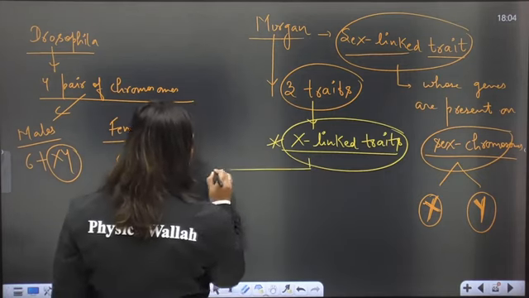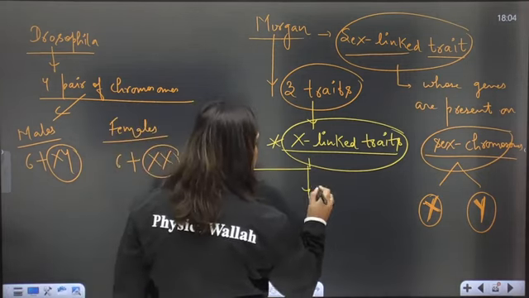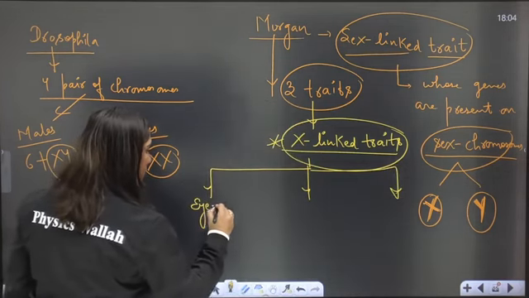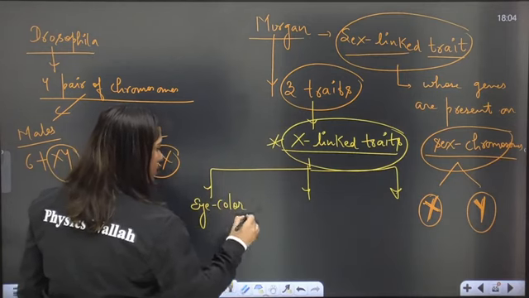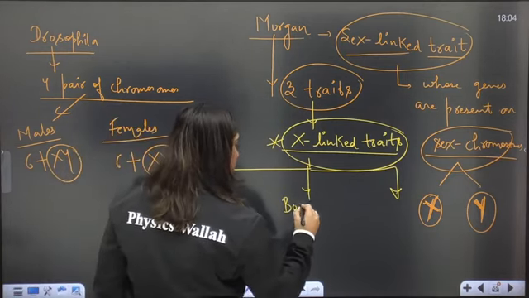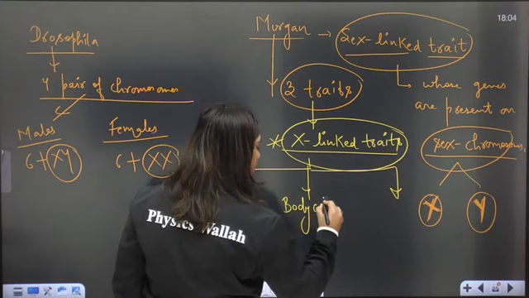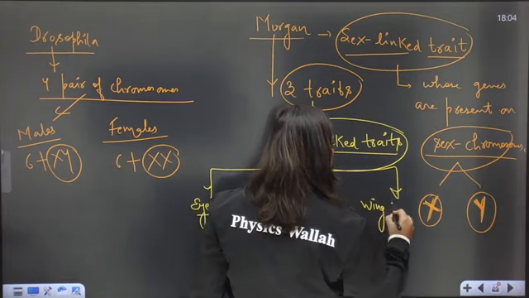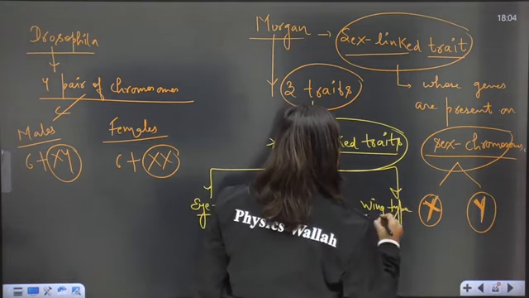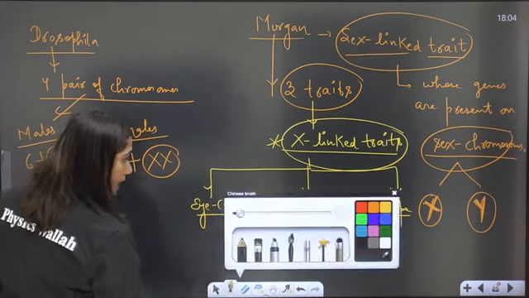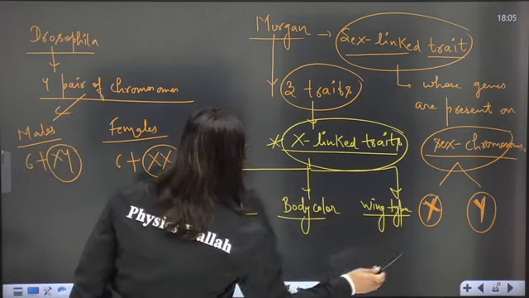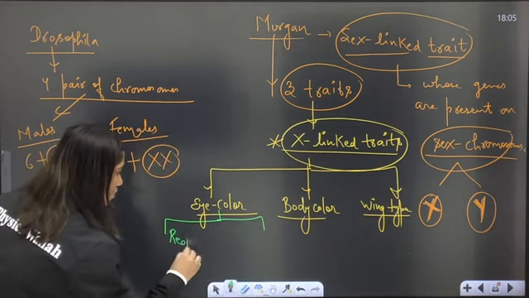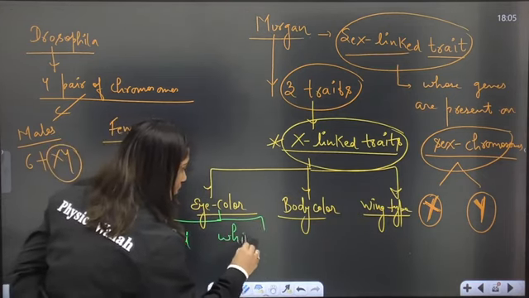So let's take the example of those 3 traits. Those 3 traits were eye color, body color, and wing type. Eye color can be red or white.